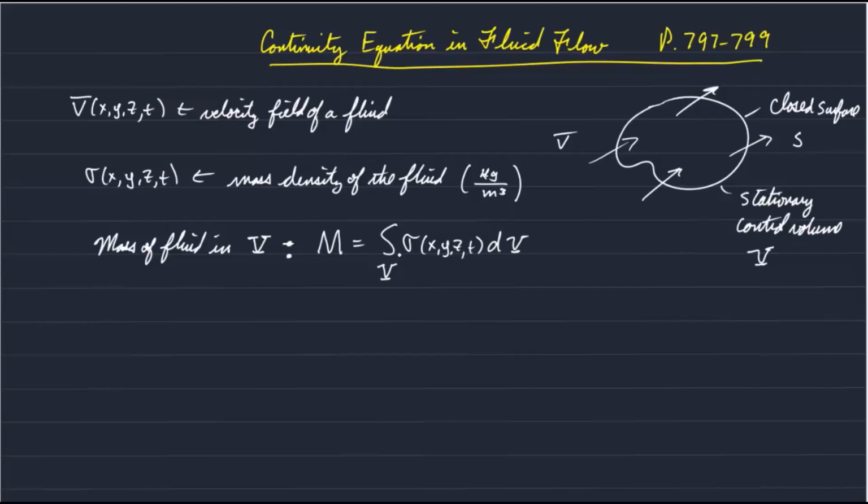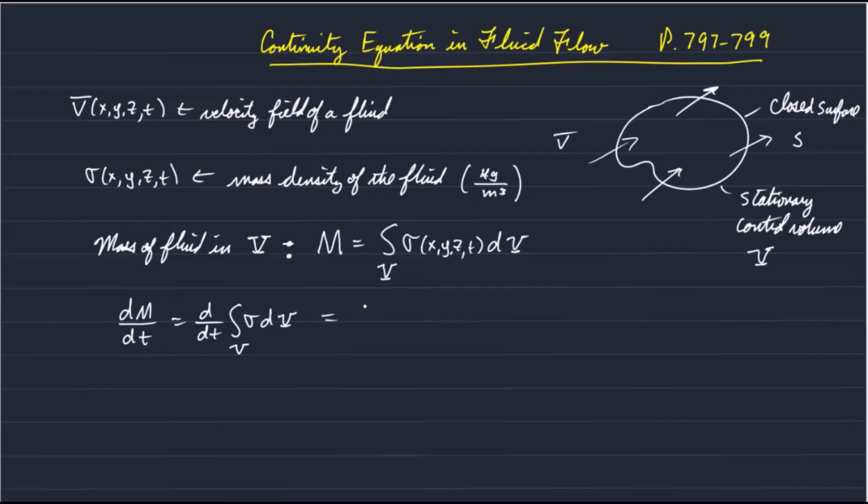So we're integrating the mass density throughout the volume, and that gives the total mass contained within the volume. And the rate change of mass with time is equal to the rate change of that integral. But remember, we have a fixed volume. It's fixed in space and in size. So there's no change in the volume part of this integral.